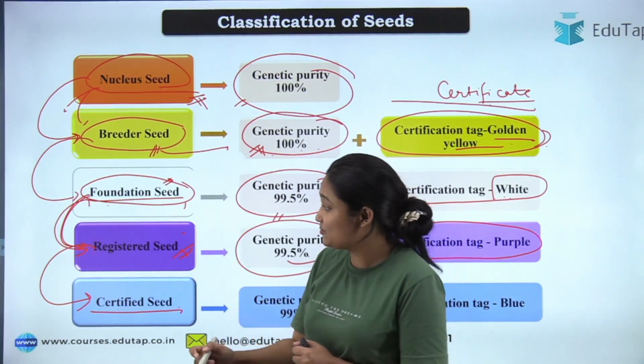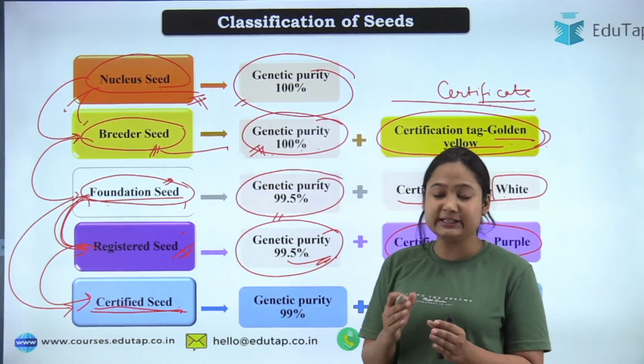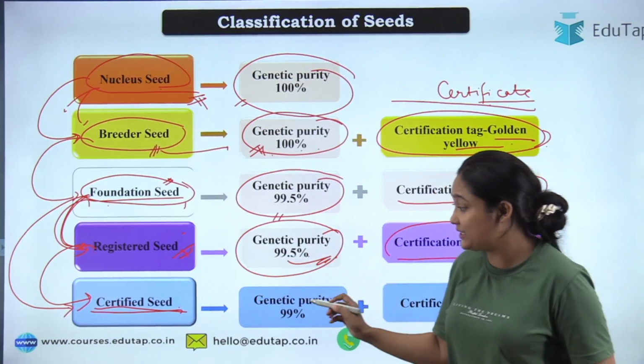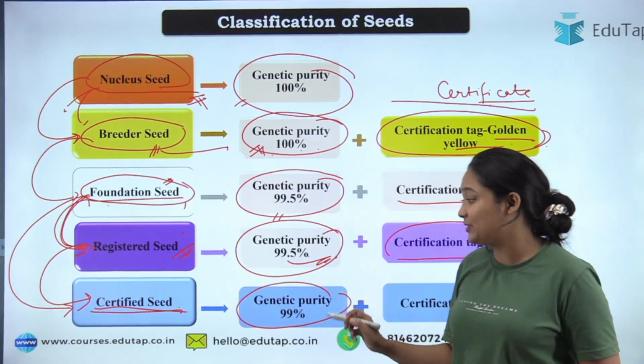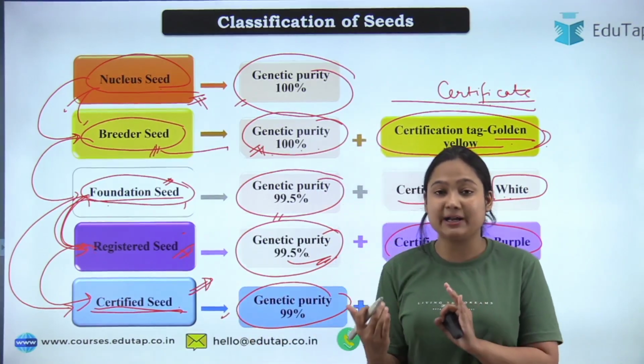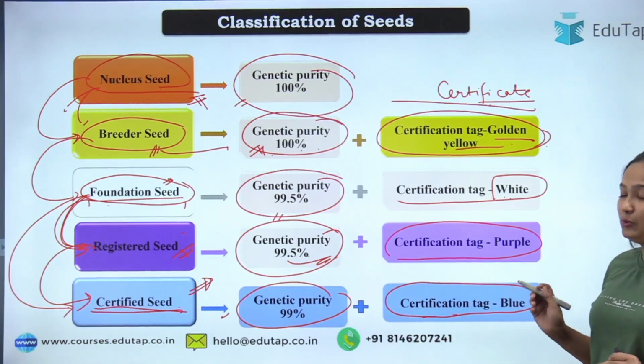Or in the second case, the foundation seed will directly be used for creating the certified seed. I think that much is clear from here. So genetic purity in certified seed will be 99%, and certified seed is the seed that you get in the market. The color of the certificate in this case will be blue.